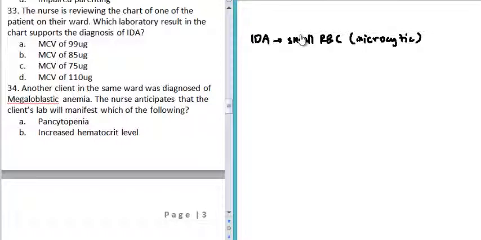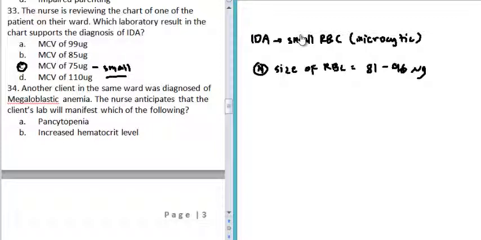The normal size of RBC is between 81 to 96. Therefore, the answer is letter C. This means the RBC is small. It is congruent to iron deficiency anemia.